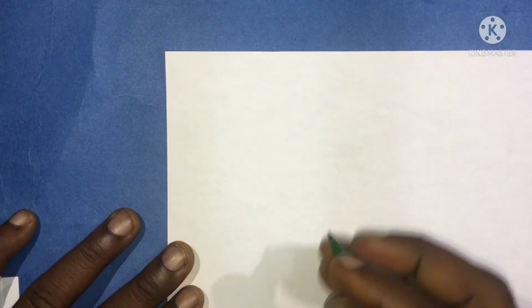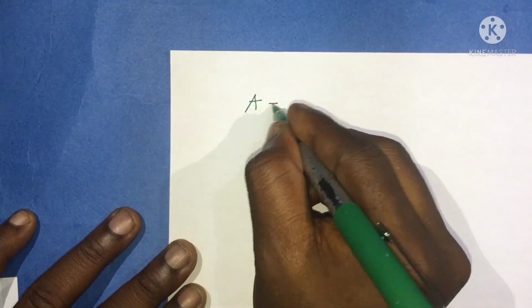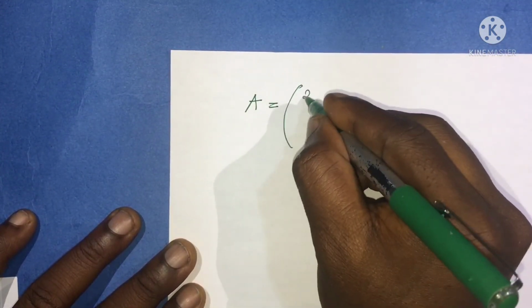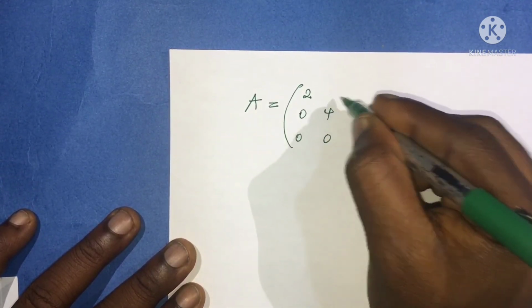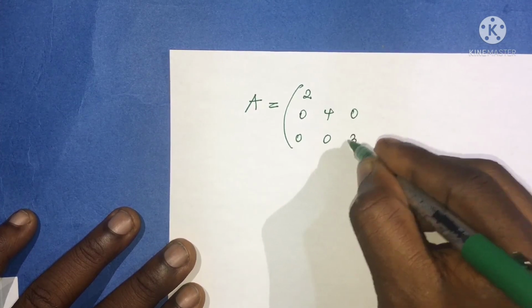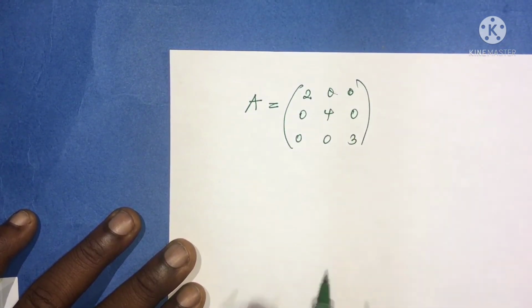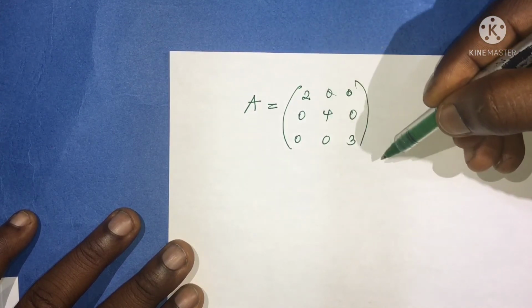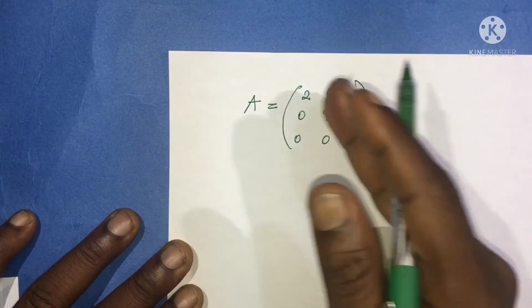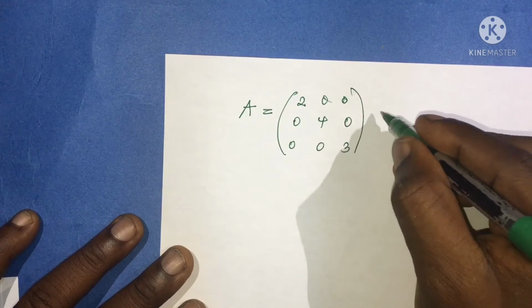Okay, now let's take examples of the diagonal matrix. So notice A equals 2, 4, this is a diagonal matrix because elements along this principal diagonal are not zeros, but elements off its principal diagonal are zeros.